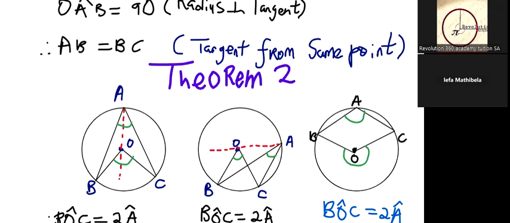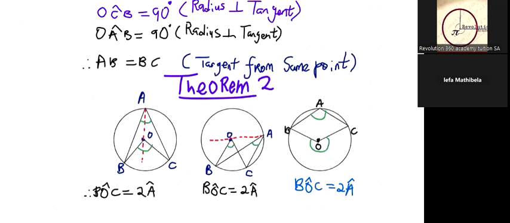Theorem number 2 says the angle at the center is 2 times the angle at the circumference.